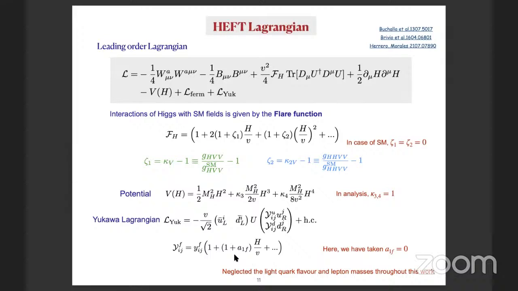For our analysis, we have not considered any new physics deviations to the Higgs interactions with the fermions, so we have taken a1F to be 0. And in this part of the work, I've also considered the light quarks as well as the leptons to be massless. We have not considered them in our analysis.